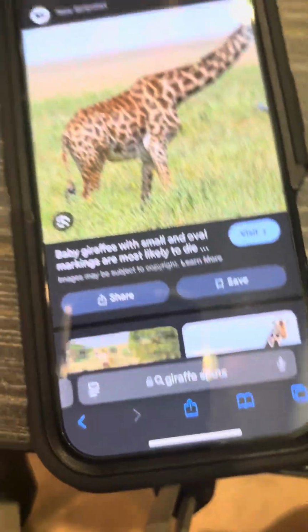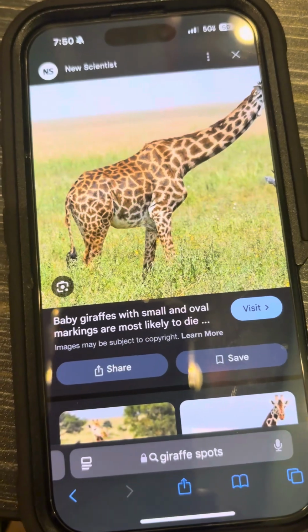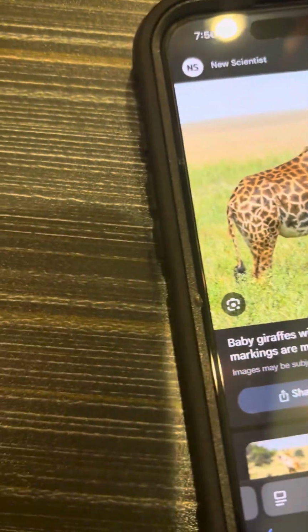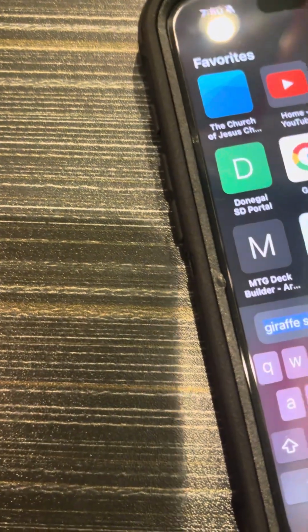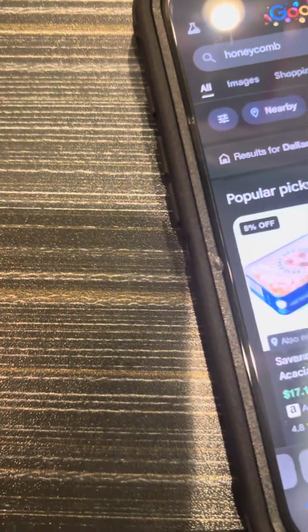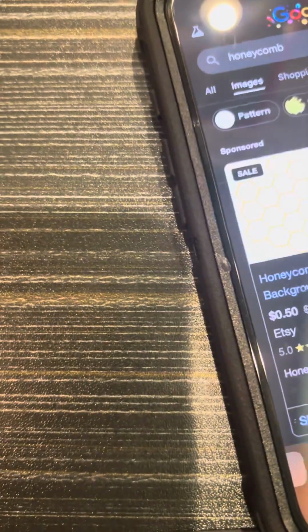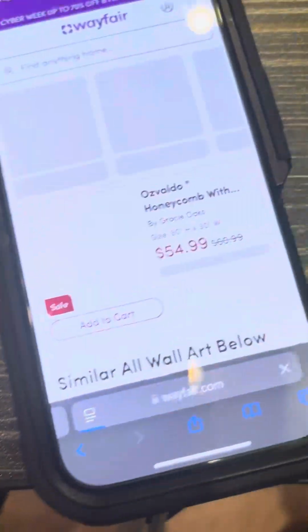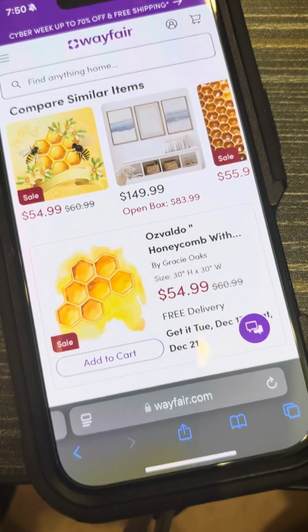Look how they all fit together beautifully. That's a tessellation. Also a honeycomb, a honeybee's honeycomb. Look at that, tessellation. See how they all go together?